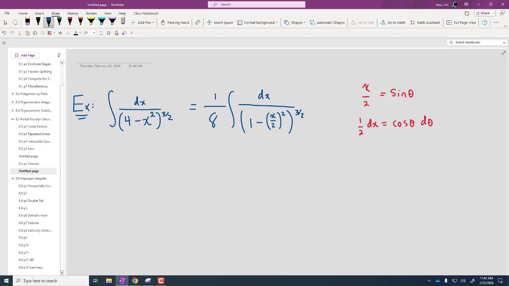And then our substitution back in is going to look like this. dx is 2 cosine of theta d theta. And then down below we have 1 minus sine squared. 1 minus sine squared is cosine squared. And that's all raised to the 3/2 power.